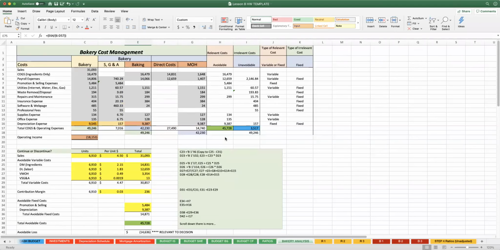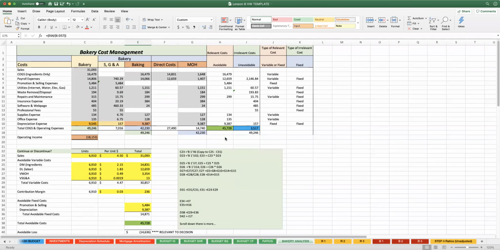Now, I did not analyze if they sold items to somebody else at a better price. So if they started selling cakes and maybe providing bakery services to some other business that was selling coffees. Not sure they could do that, but obviously those are other things we'd want to look at and consider.